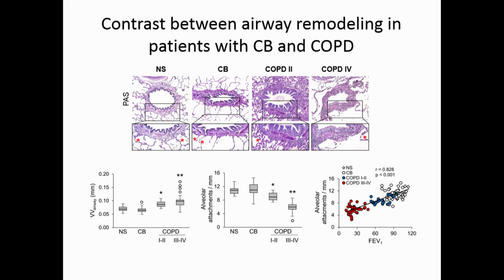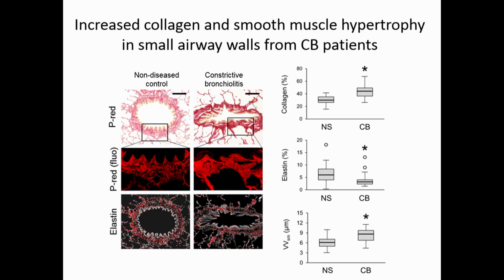In fact, you can see that the R is almost 0.83 when we do FEV1 compared to the mean number of alveolar attachments of these small airways per group. So suggesting that part of the reason that constrictive bronchiolitis might not have obstruction is because the attachments are normal. So the airway remodeling in constrictive bronchiolitis is different than COPD, but it is nonetheless abnormal.